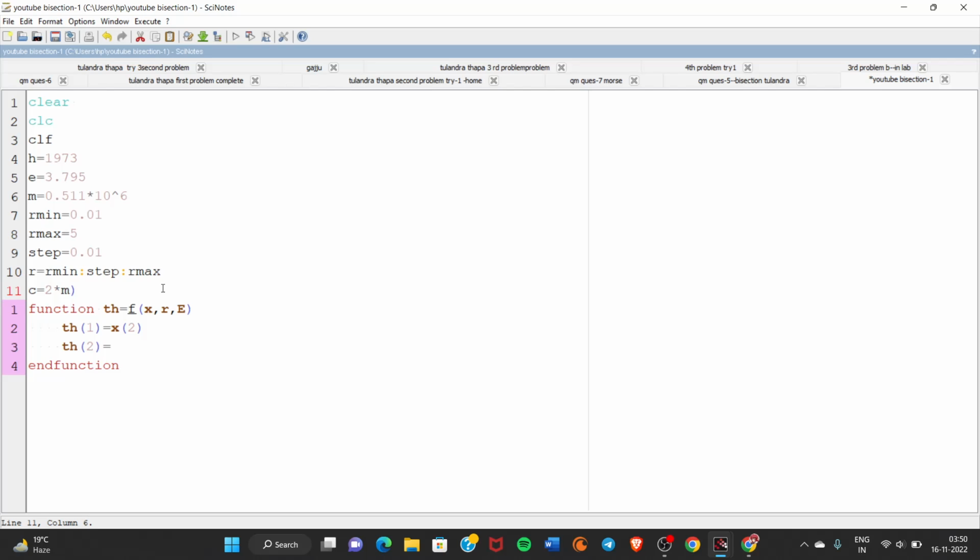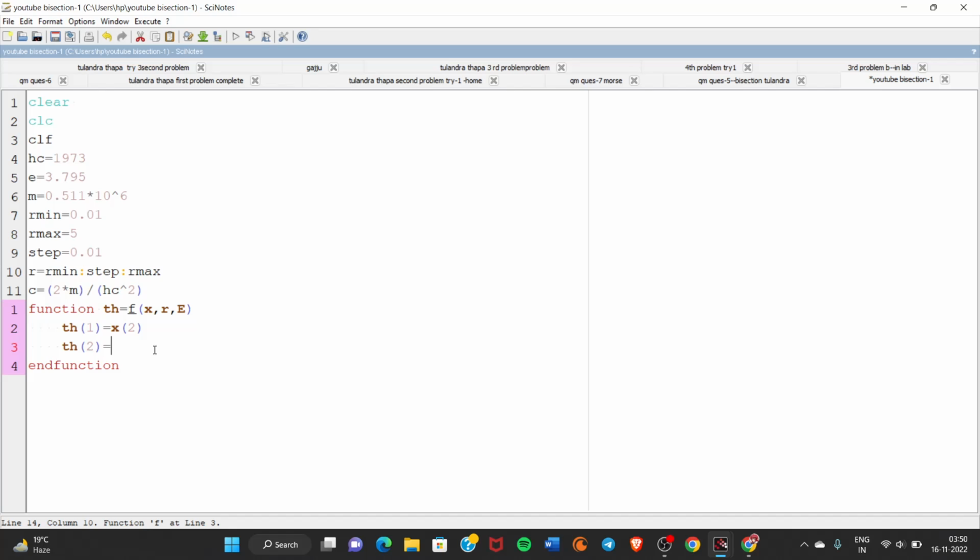Let's put this in brackets so that Scilab does not confuse itself: 2m divided by h square. Here this h square is h cut square, because this is the value of h cut only. We can write here hcut just for specifying that this is the value of h cut.